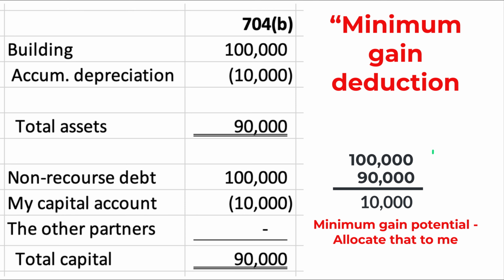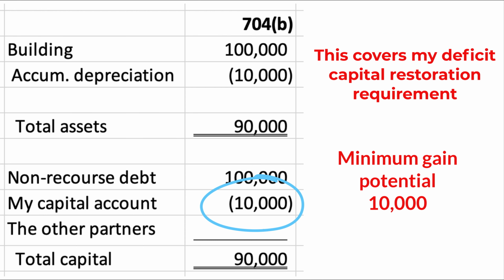The $100,000 non-recourse debt minus the $90,000 economic basis in the building creates $10,000 of minimum gain. If the partnership agreement allocates the minimum gain to me, it is also allowed to allocate the $10,000 loss to me, making my economic capital account a negative $10,000.